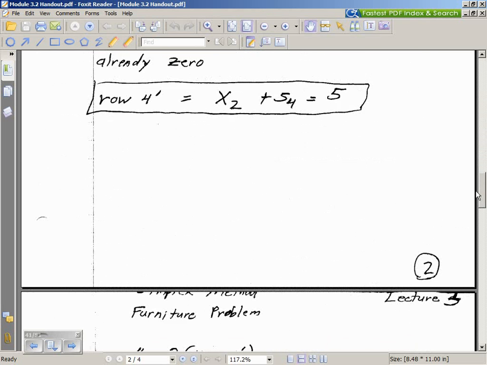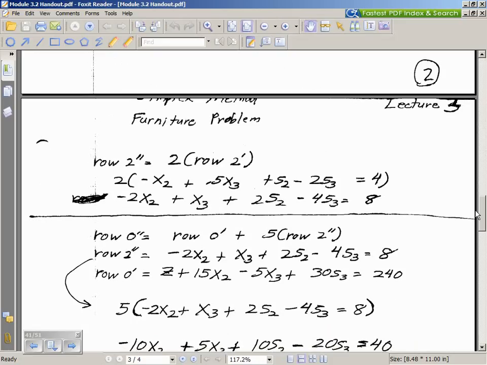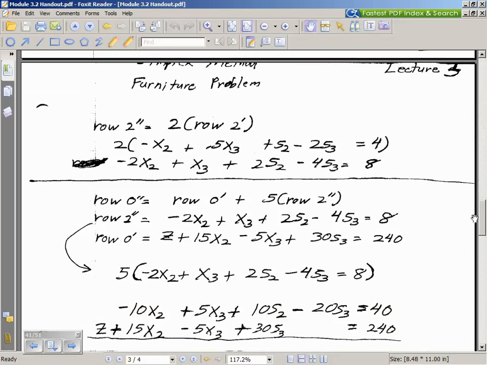So right here is where you see this guy. This is where I multiply times 2, and so this is how I get x3 to have a coefficient of 1 in front of it.